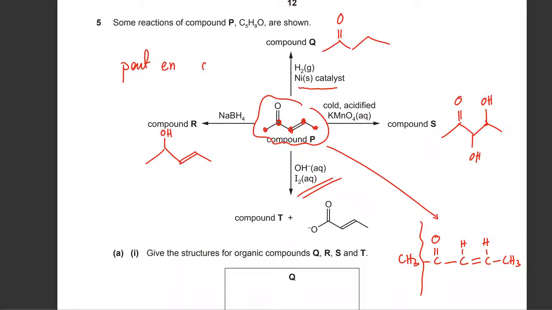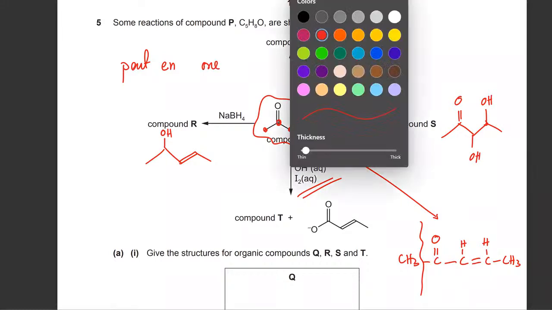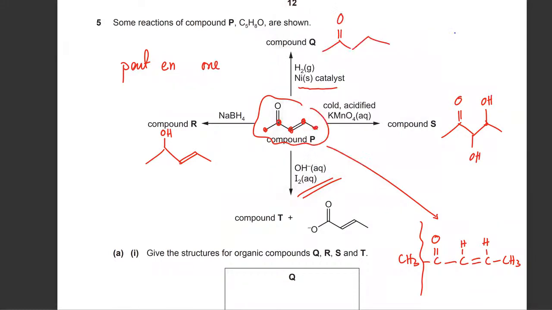It's a ketone, right? So it's going to be ONE. Sir, ONE. Okay, tell me the positions. Which side will you count from, the left side or the right side? Left. So the ONE sits at 2, and the EN sits at 3, right? Yes sir. So this one is pent-3-en-2-one.